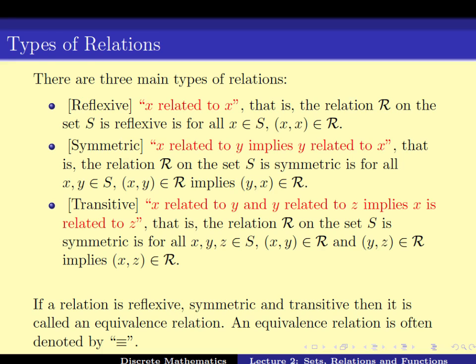These are the three main types of relation, depending on the structure of the binary relation, or the subset of S cross S that defines it. If a binary relation has all three properties, that is, it is reflexive, symmetric and transitive, we call it an equivalence relation. Equivalence relations are usually denoted by this particular sign of three horizontal lines.